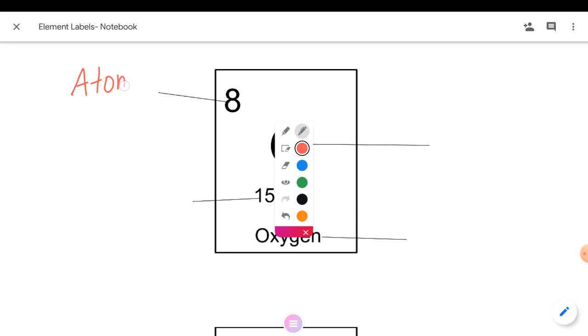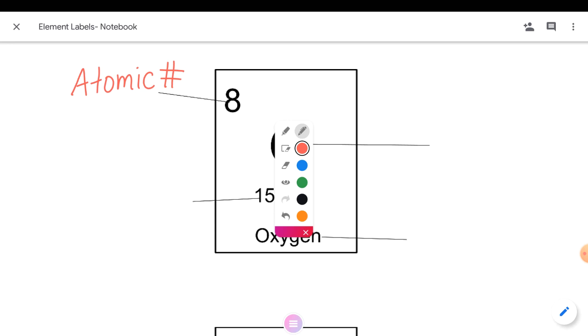So I want you to label it the atomic number. And that is how they are ordered on the periodic table. So number 8 would be next to number 7 and number 9. Okay, so it's called the atomic number.